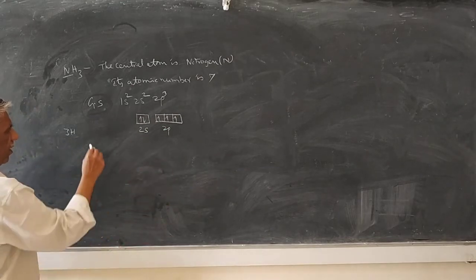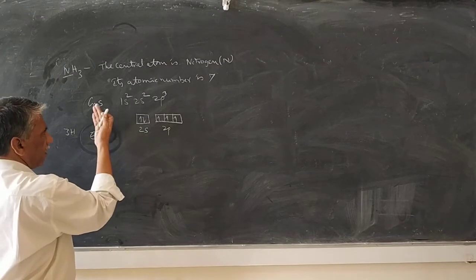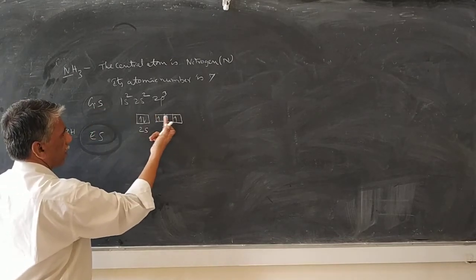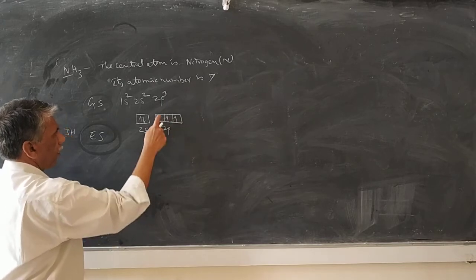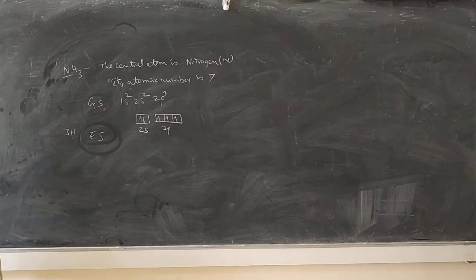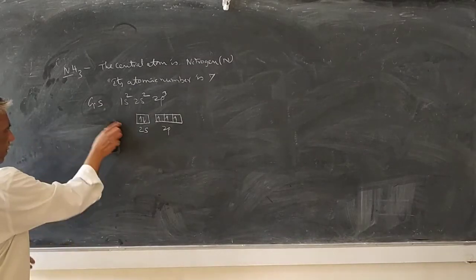You should not consider the excited state. Excited state is not needed here because the ground state itself contains 3 unpaired electrons, which are sufficient to combine with the electrons of 3 H atoms. So the excited state is not necessary.